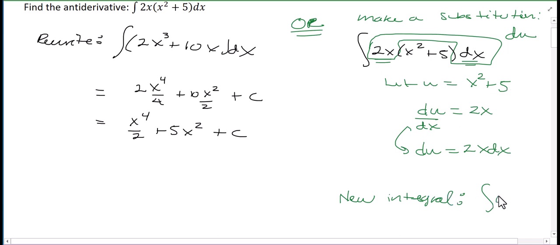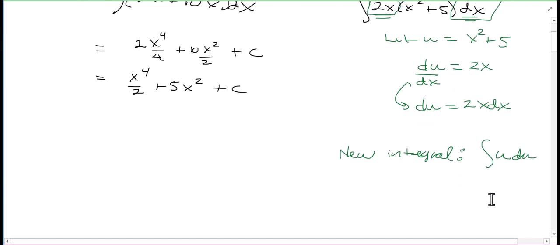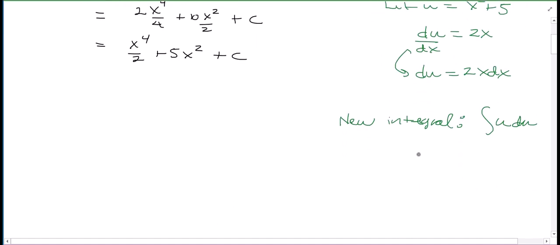So this is just u du. Notice that now this is a much easier integral to do. So what is the antiderivative of that? It will be u squared over 2 plus c. But then go back and plug in what u was. U was x squared plus 5. So this is x squared plus 5 squared over 2 plus c.